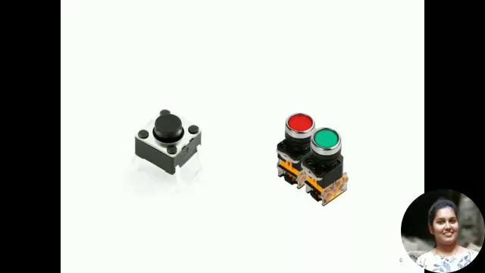So when we push this button, it comes in contact with the power supply and the load, such that it makes an electrical circuit. When the electrical circuit is made, power will flow from this switch to the load, such that the load will be in operation.